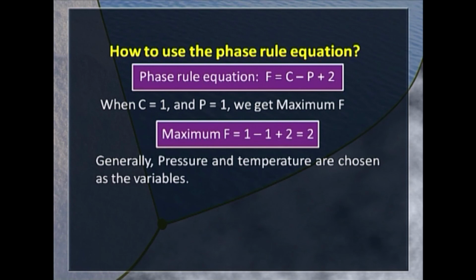And generally we use pressure and temperature as the variables, and the phase diagram is constructed by studying the equilibria between the phases present in the system under different combinations of temperature and pressure.